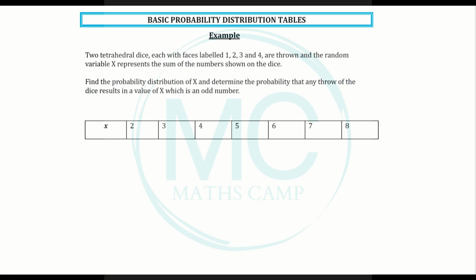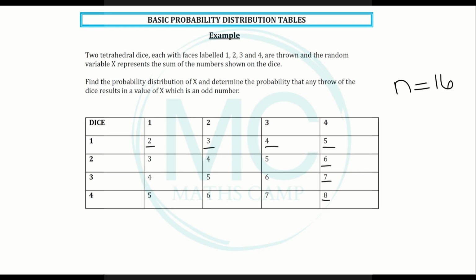Now I'm going to use my table that I've just drawn to find the respective probabilities. Remember, in the second row of my distribution table, I say the probability of x is equal to x. In this table, I have one value of 2 out of a total of 16.